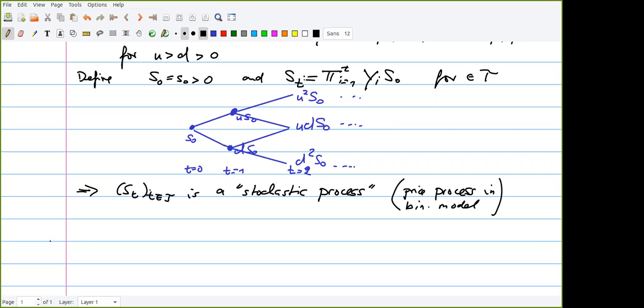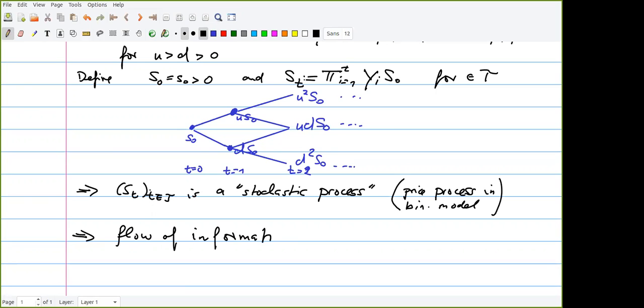Okay, and this price process generates a flow of information. So this leads to a flow of information, right?